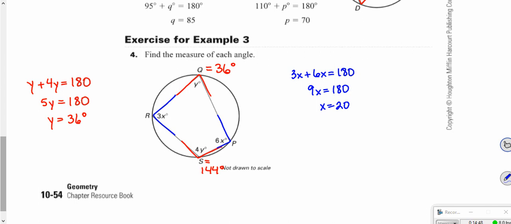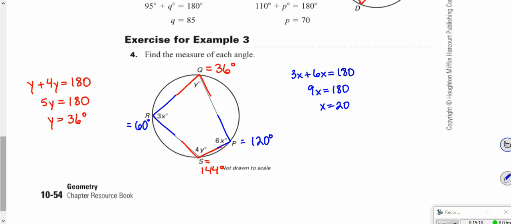Over here, 3 times 20 gives me 60 degrees, and my P, 6 times 20, gives me 120 degrees. Those are all of my angle measures. Those should all add up to 360.